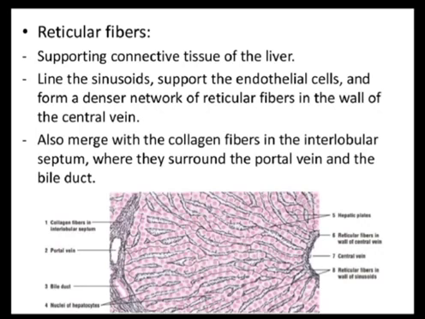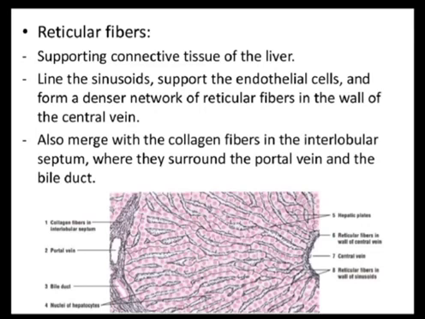There are a lot of reticular fibers which are supporting connective tissue of the liver and line the sinusoids, because in the hepatic lobule there are sinusoids which contain the blood coming from the hepatic artery and the portal vein, and the flow of the blood is centripetal, that is, blood traverses from the periphery of the hepatic lobule towards the central vein.